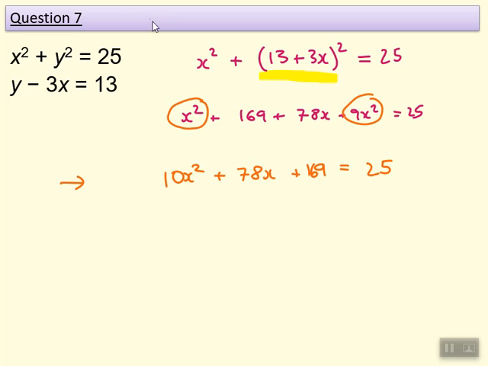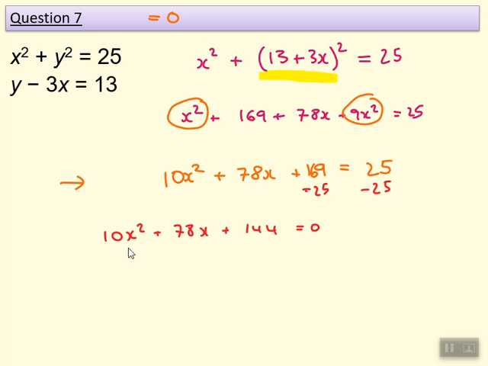But remember, quadratic equations need to equal 0. So you need to get 0 on one side. So in order to get 0, we should minus that 25 from both sides. So then that equals 10x squared plus 78x plus 144 equals 0. And that's the quadratic we need to solve.